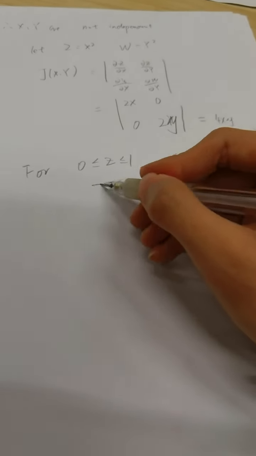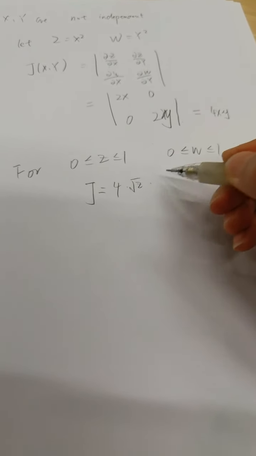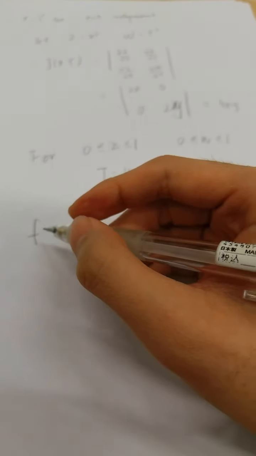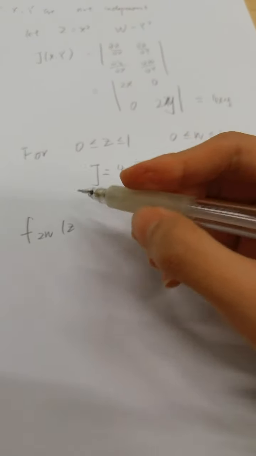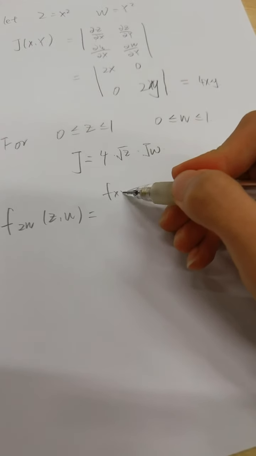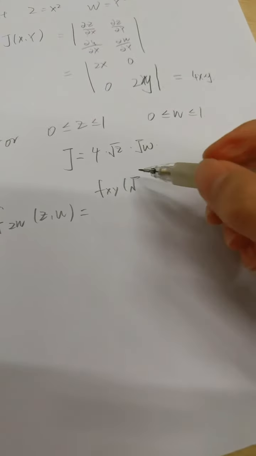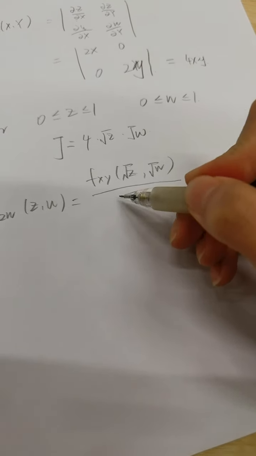So we can know g is equal to 4 times square root of z times square root of w. So we can write out the density function of (Z,W), which is equal to f(x,y) at square root z and square root w, divided by g.